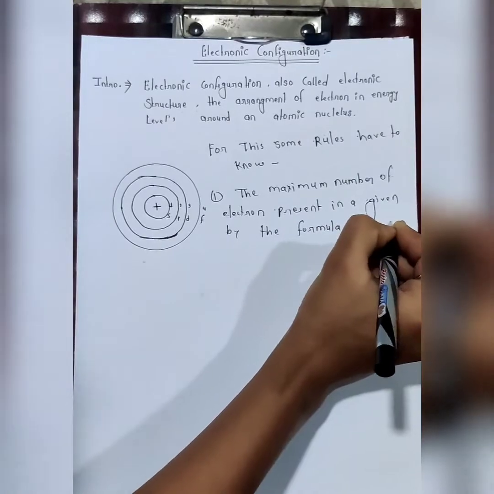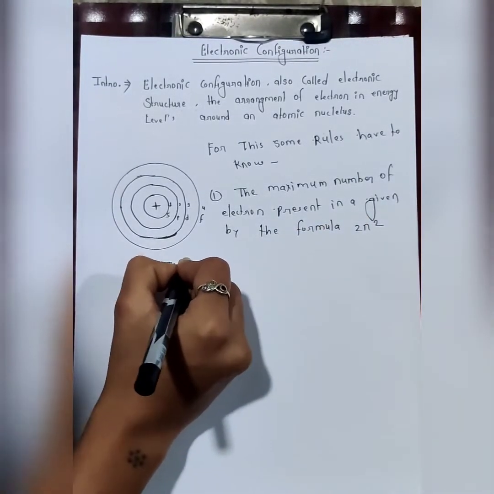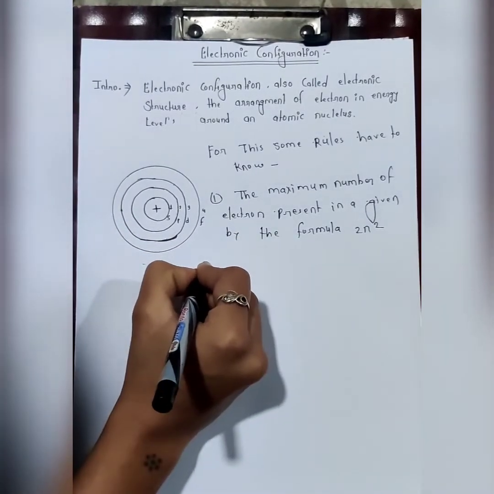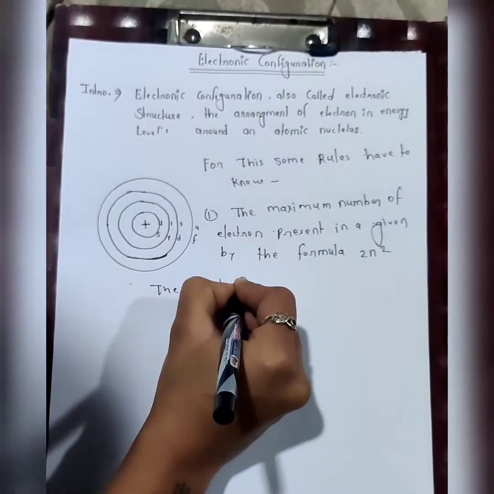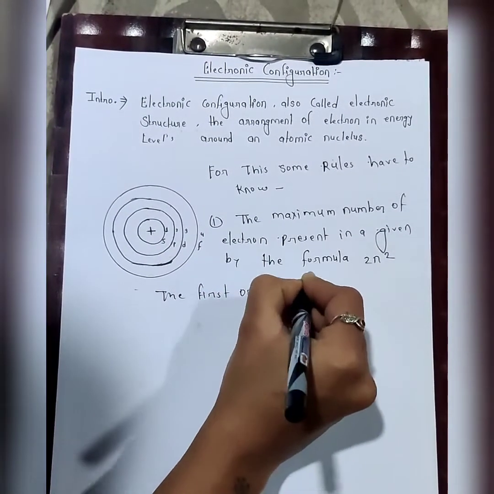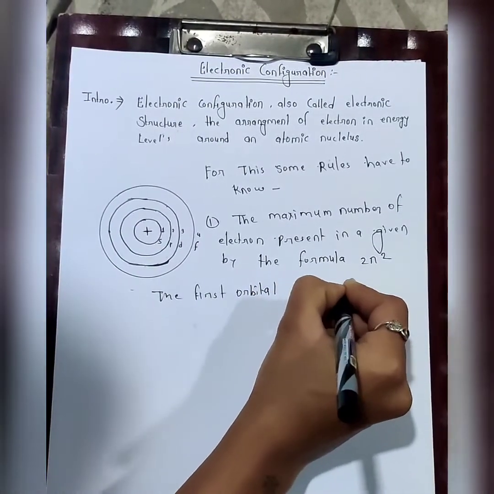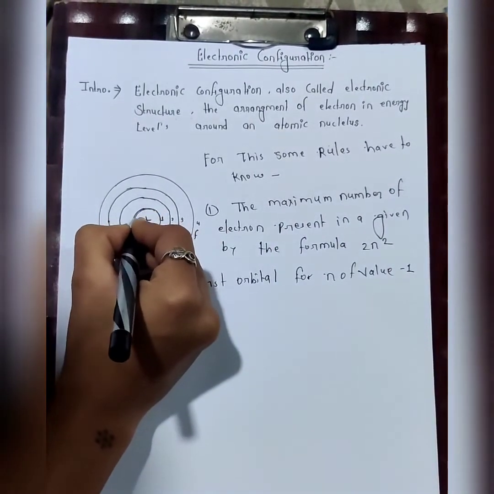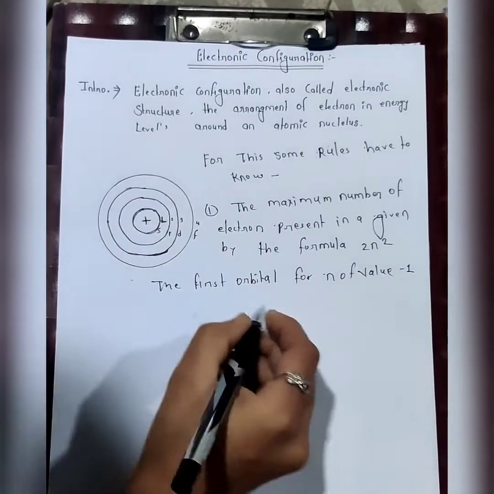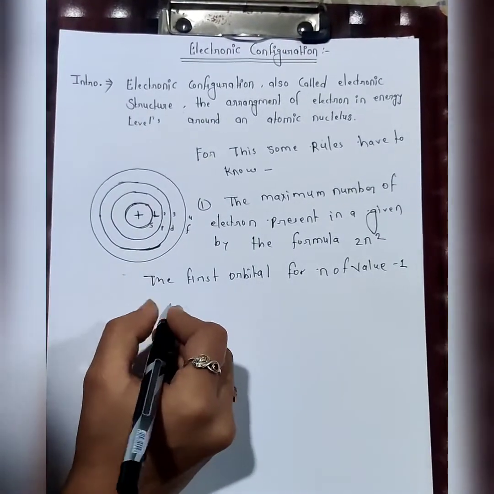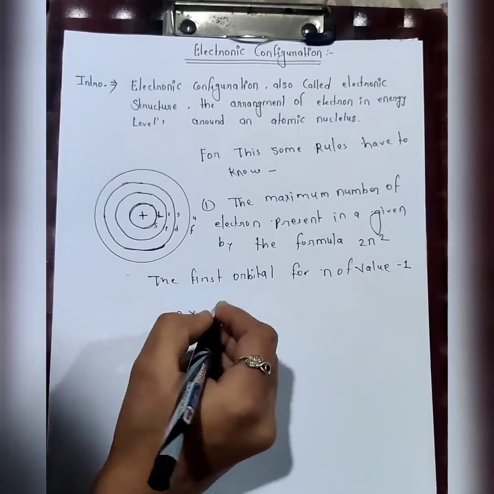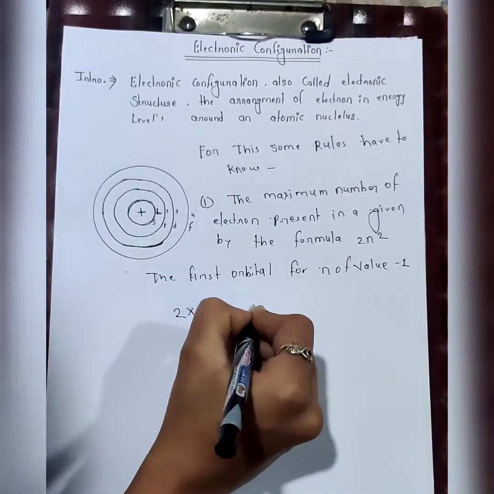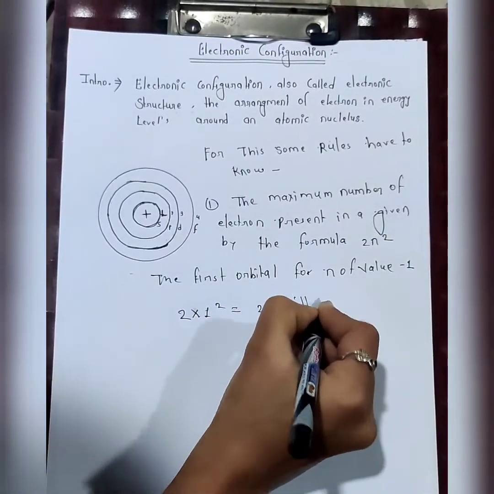2n square. The first orbit has n of value 1, so the maximum number of electrons is 2 into 1 square, which is equal to 2.